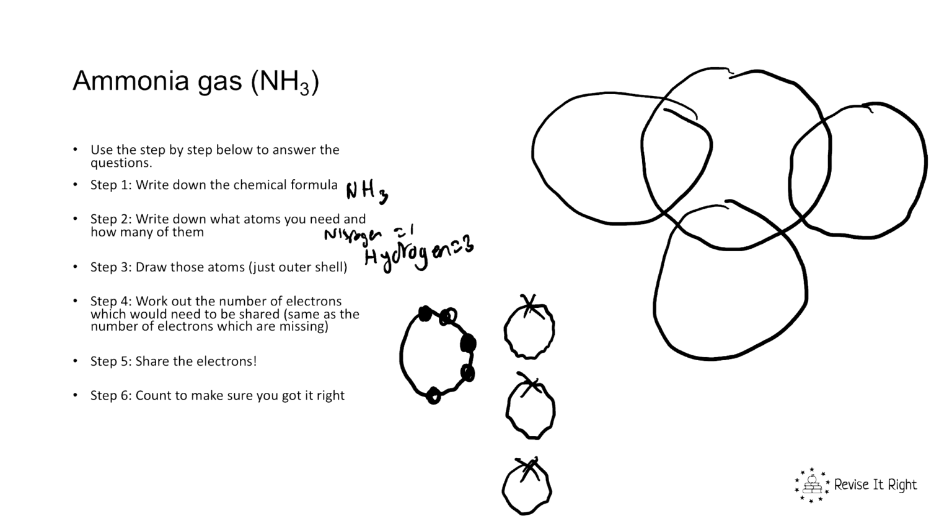The hydrogens need 1. So these need 1 each to gain a full outer shell, because remember that first outer shell only needs 2 electrons to be full. Whereas the nitrogen needs 3. That means that the nitrogen is going to share its 1 with each of the hydrogen atoms.